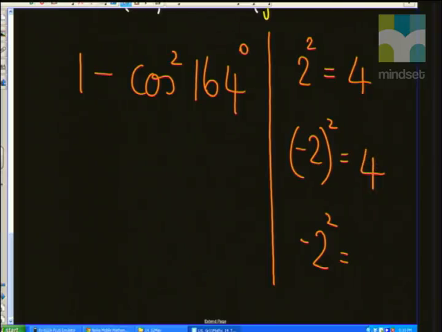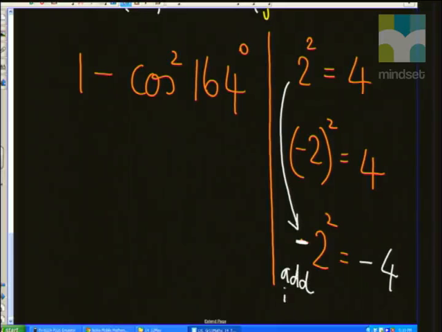Grade 11s, let's not make the mistake of understanding that this negative here means that we want the additive inverse of 2 squared. So this is forcing us to have just positive base 2 squared, and so we actually get negative 4. It's the additive inverse. So this is the additive inverse of that value there. Okay, there's a very famous mathematical symbol.